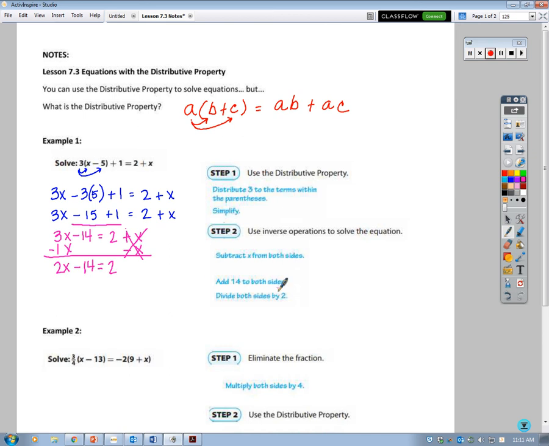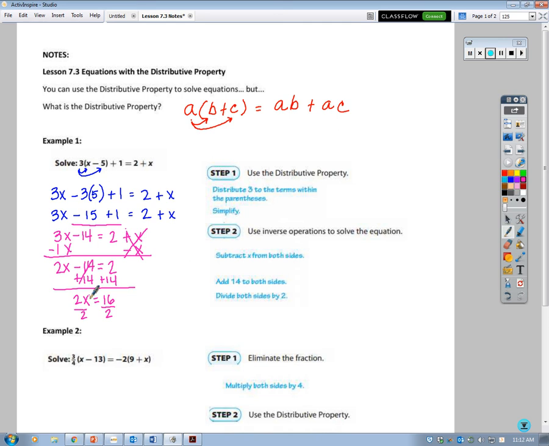You're going to add 14 to both sides. That cancels it out on this side of the equation. What I've got left is 2x equals 16. Now I'm going to divide by 2, because that's separating this, right? I can separate this because this is multiplication.